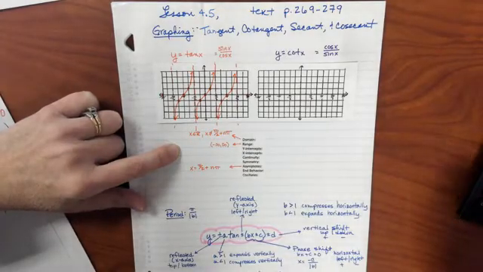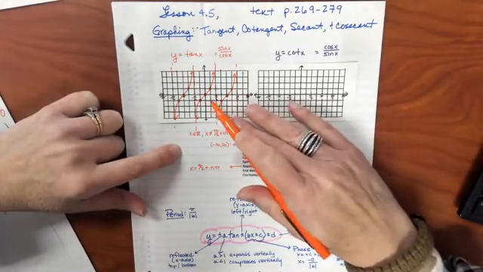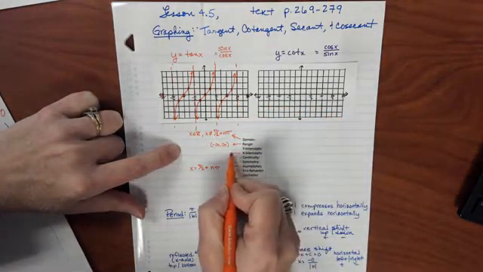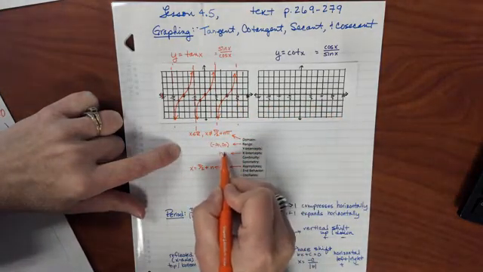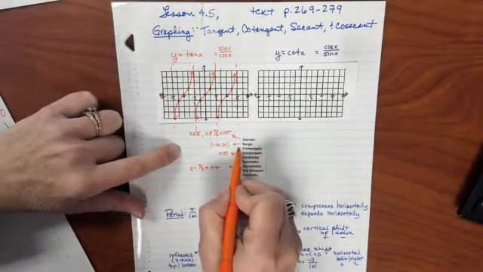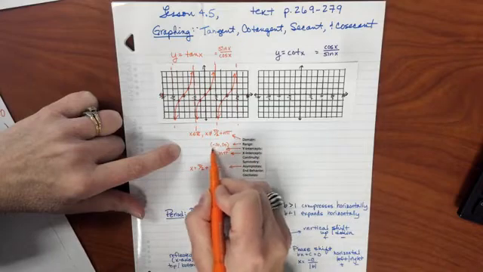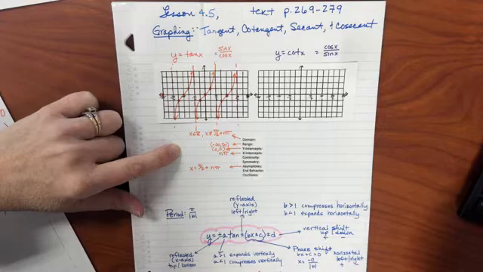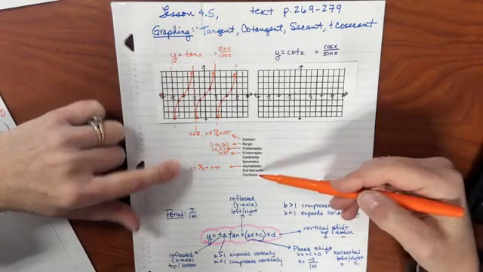My x-intercepts are at multiples of pi. My y-intercept is there at the origin. Let's look at the end behavior.